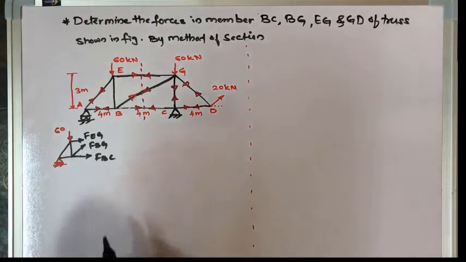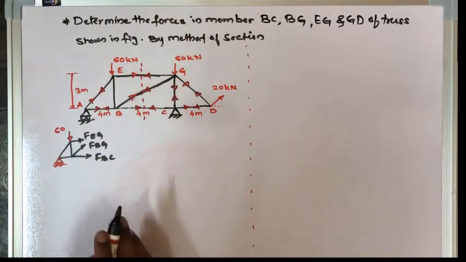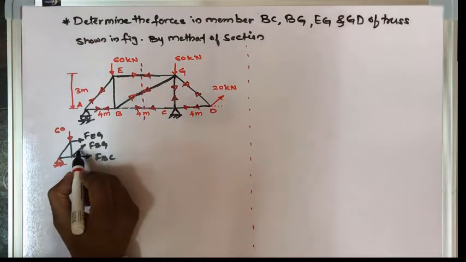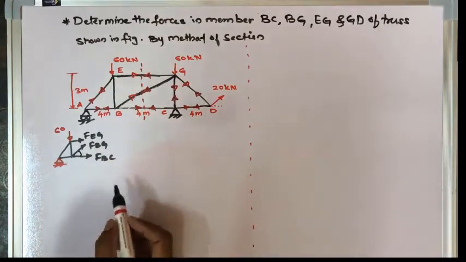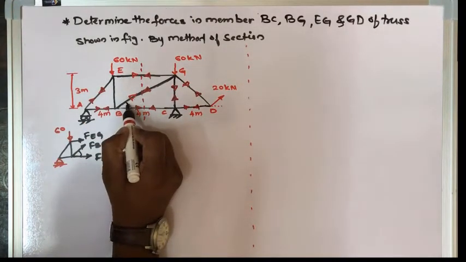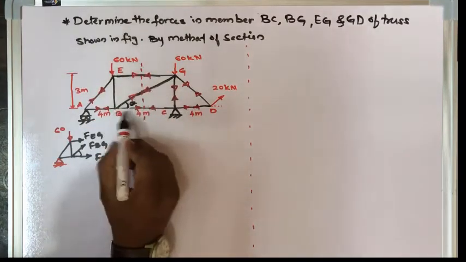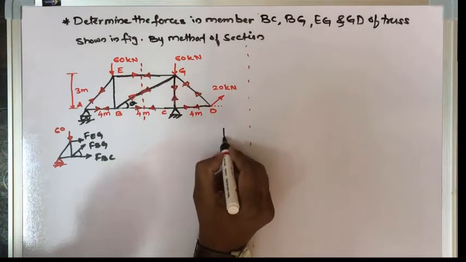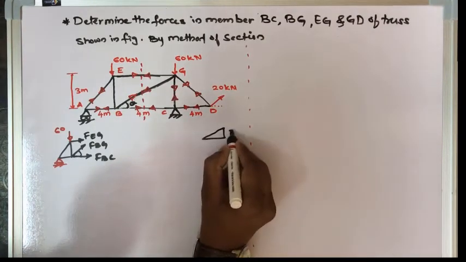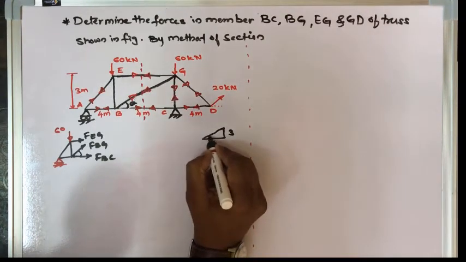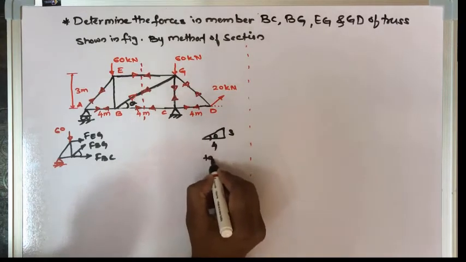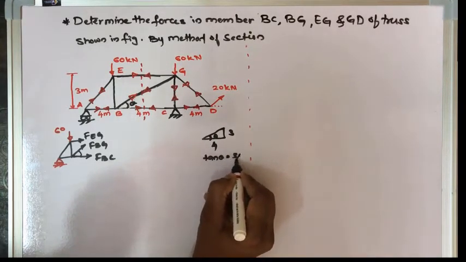After drawing the free body diagram, we have to calculate the angle. So this theta: we know that this height is 3 meter and this width is 4 meter. If I take a triangle which has 3 meter height, 4 meter base, and this is theta, then tan theta is equal to 3 by 4.